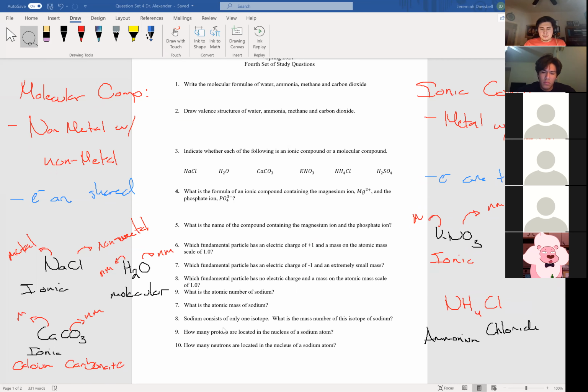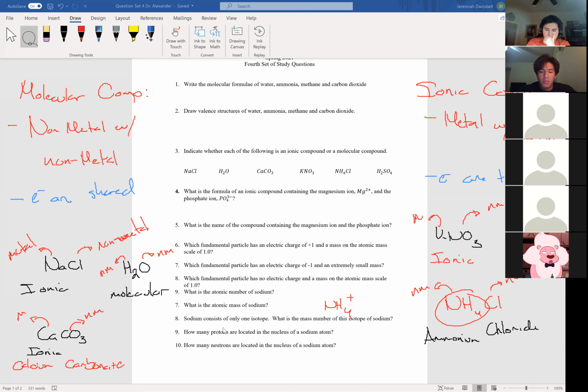Why molecular? Non-metals. Yes, they're all non-metals. However, what does ammonium have that's different? It has a charge.